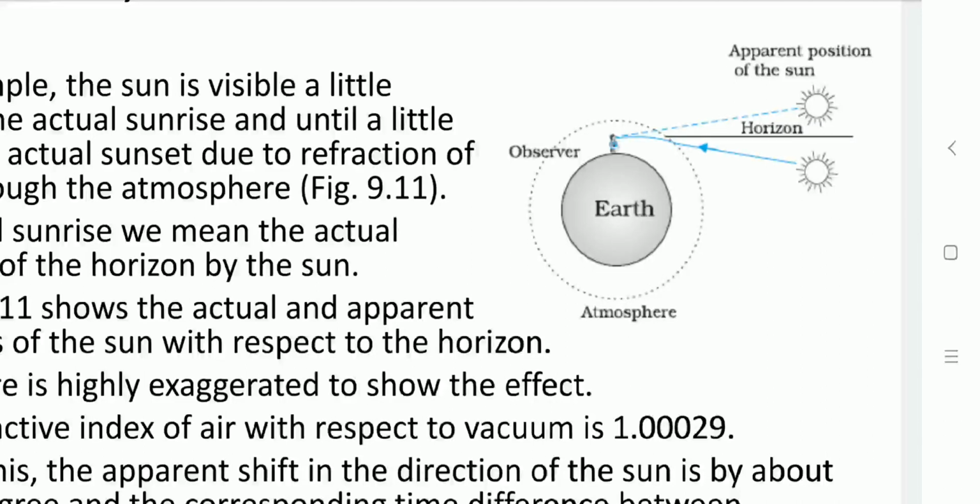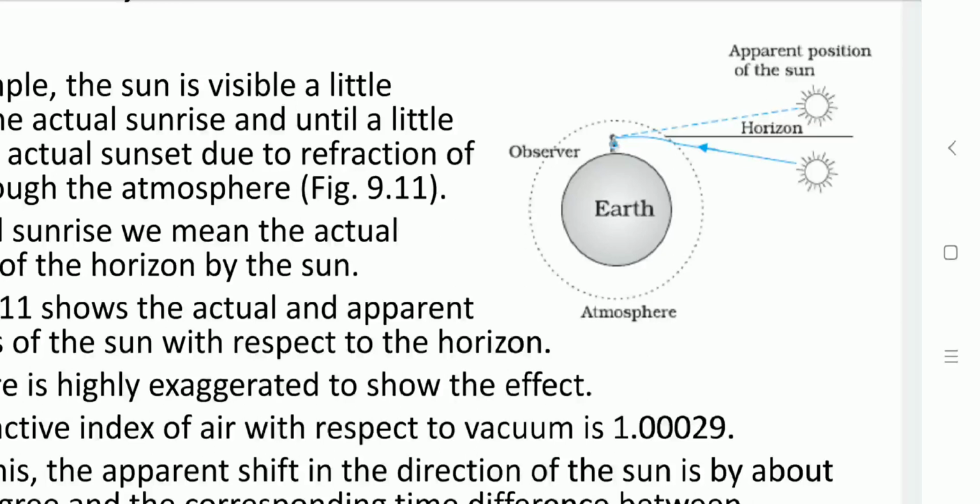Actual sunrise means when the sun crosses the horizon, but here the horizon is considered as the normal. Here the Earth takes 24 hours to complete one rotation. The refractive index of air with respect to vacuum is 1.00029, so it is considered as 1 itself.